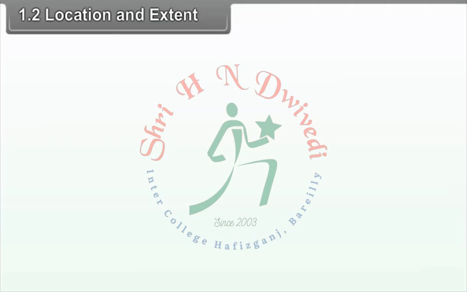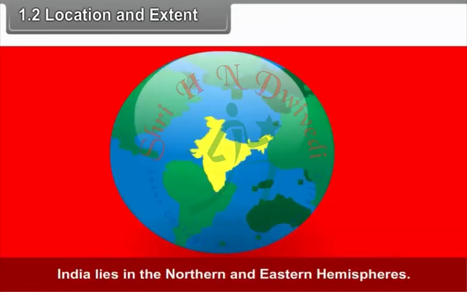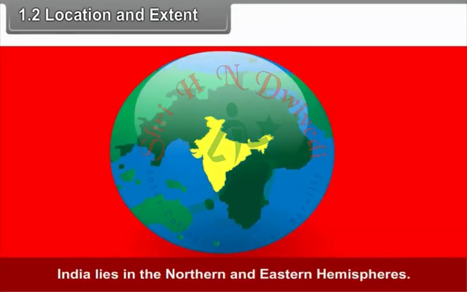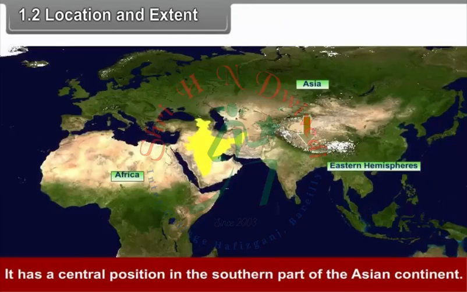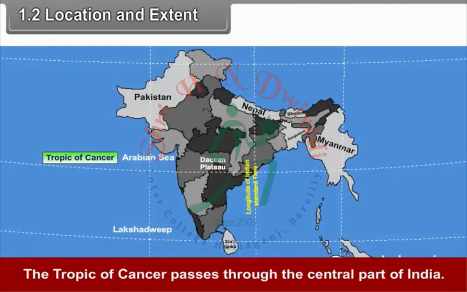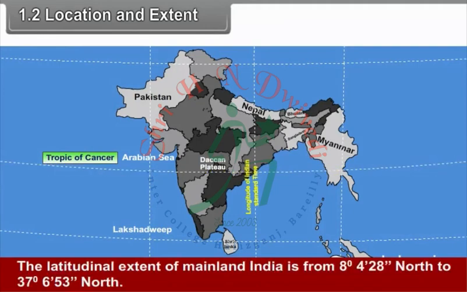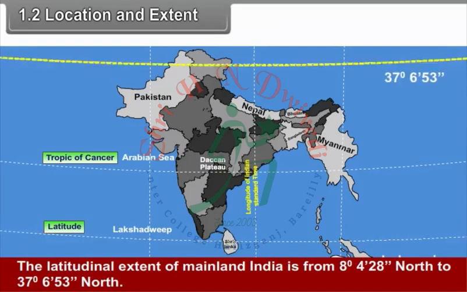(1.2) Location and Extent. India lies in the northern and eastern hemispheres. It has a central position in the southern part of the ancient continent. The Tropic of Cancer passes through the central part of India. The latitudinal extent of mainland India is from 8 degrees 4 minutes and 28 seconds north to 37 degrees 6 minutes 53 seconds north.